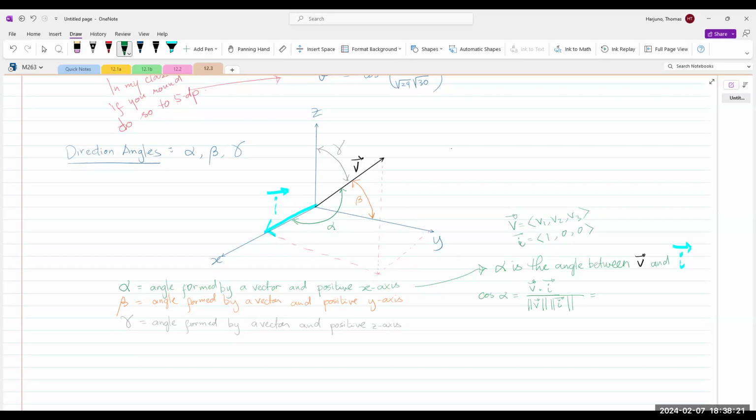Phi dot i will give you phi 1, basically the x component of that factor, divided by the magnitude of phi times the magnitude of i, which is 1. Okay?